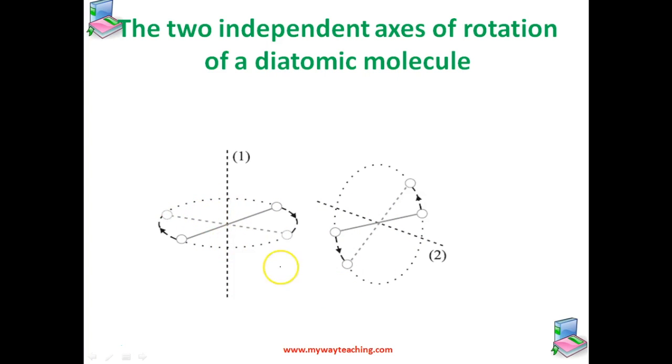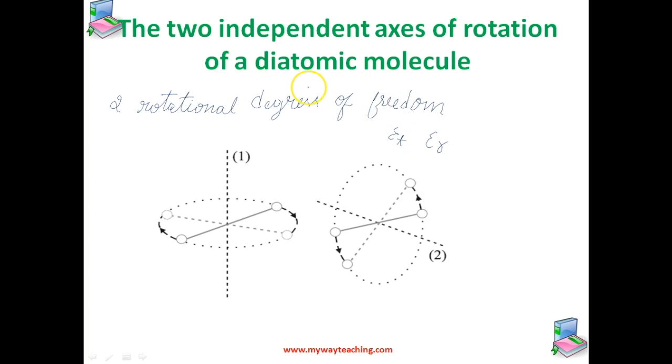The molecule thus has two rotational degrees of freedom, and each of them contributes a term to the total energy consisting of translational energy and rotational energy.